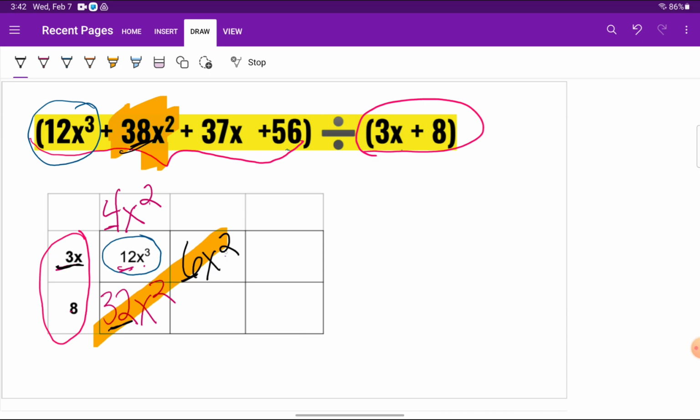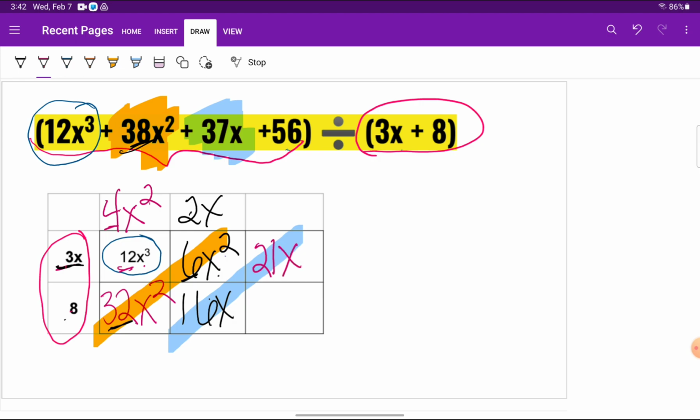3x times what is 6x squared? 2x. And then if I know 2x, I can multiply to fill this bottom box. 2x times 8 is 16x. I know that my other x term should be here, and when I combine these together, it should equal 37x. What's missing is 21x.